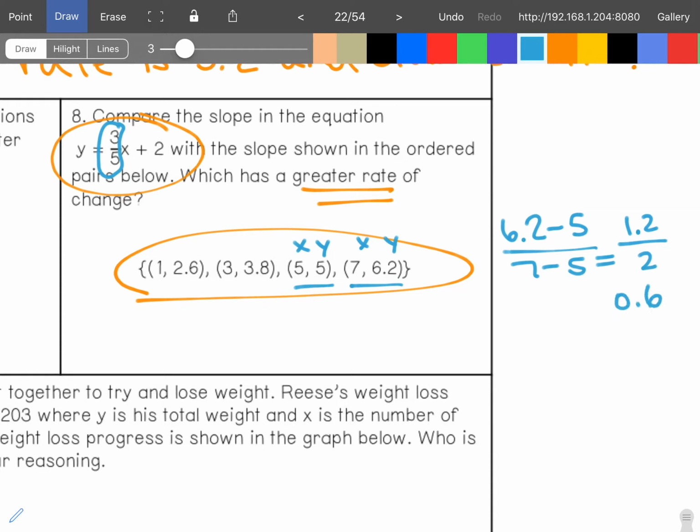So the rate for these ordered pairs is 0.6. And it says which is greater, so we've got 3/5. If you do 3 divided by 5, it is also 0.6. So which one is greater? There isn't a greater one because both have a rate of 0.6.